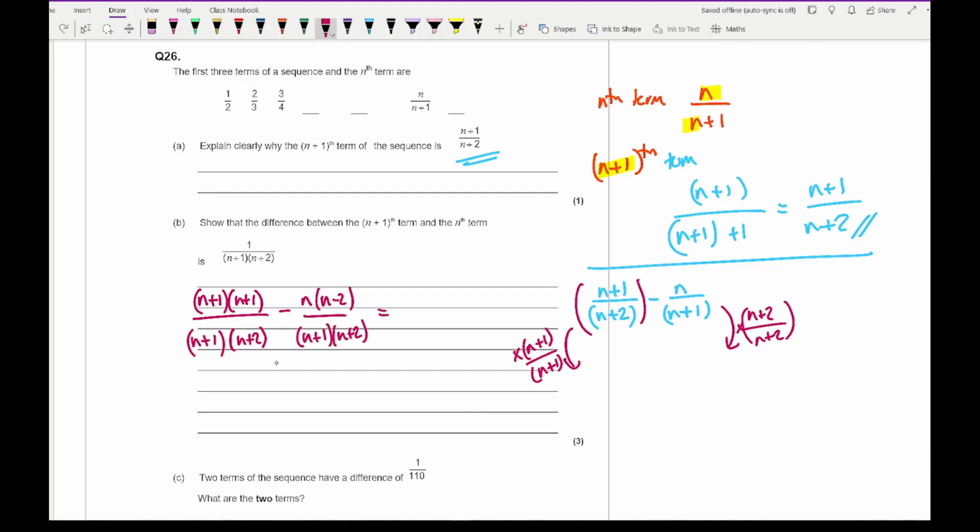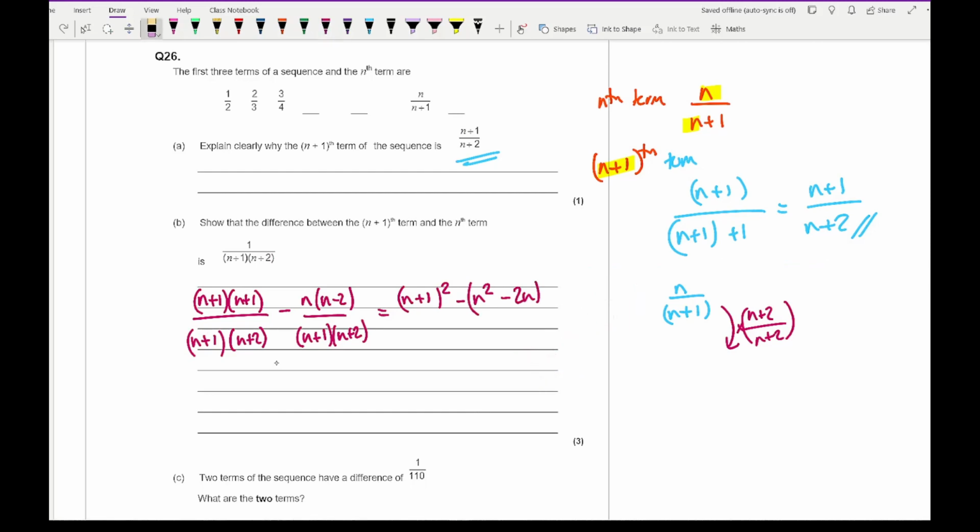Now the denominators are the same, so I can join up the numerators. So I've got n plus 1 squared minus n squared plus 2n. I'm not going to expand the bottom.